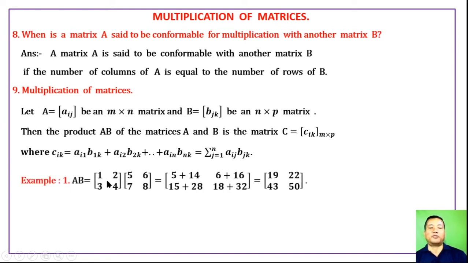Example: AB, a 2 by 2 matrix. First row 1, 2 with first column 5, 7: 1 into 5 is 5, plus 2 into 7 is 14, so 5 plus 14 is 19.